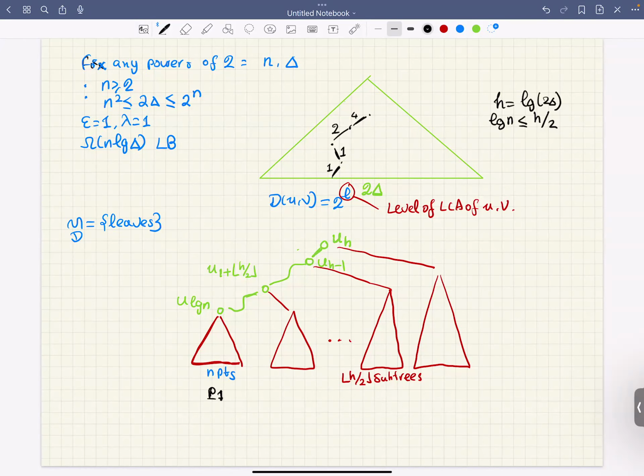And then from these H/2 subtrees, we will pick exactly 1 point from every subtree. I will call this set P2. All right, P2 is very small. Well, usually it's very small because it's H/2. That's basically at the order of log delta. You see what I'm saying? Okay. All right, so I've got H/2 points here. So what is P? P is the union of P1 and P2.